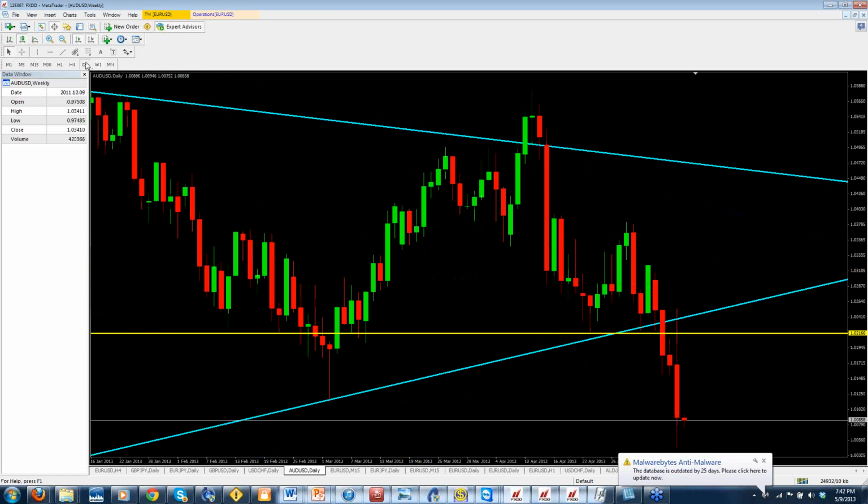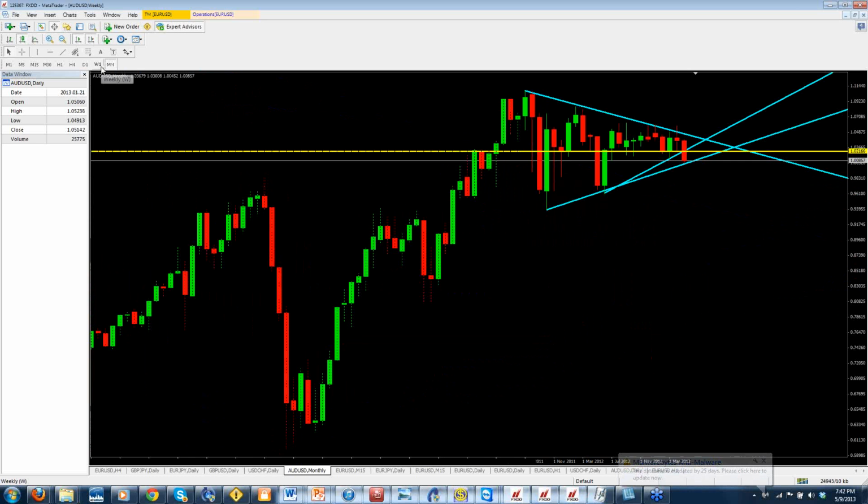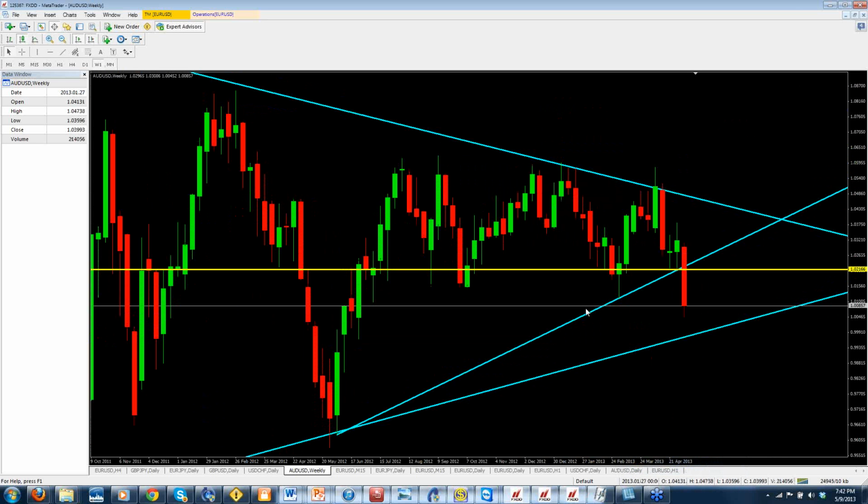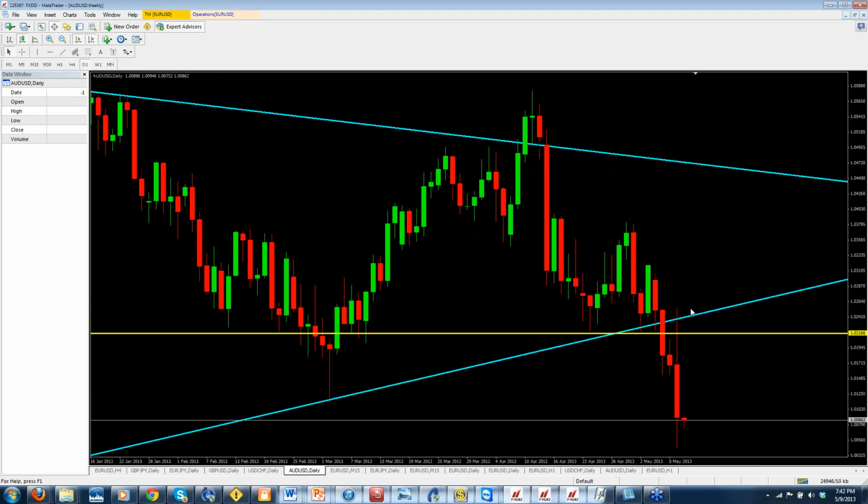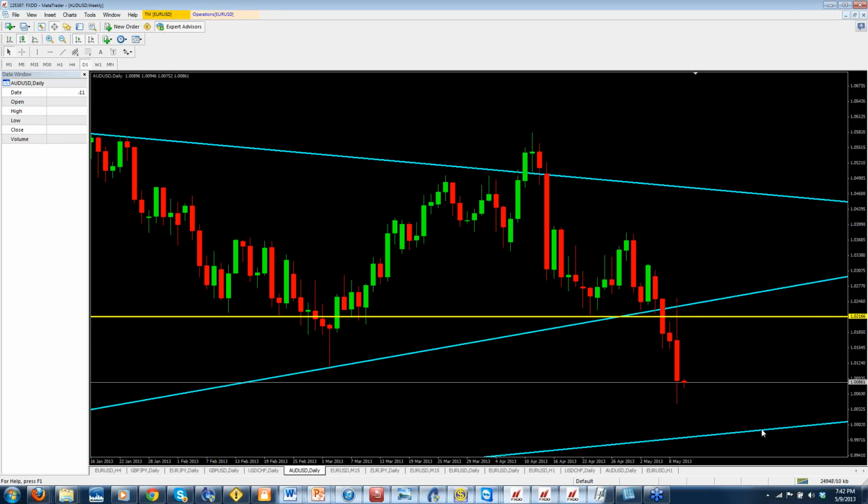Actually, we've had tremendous movement this week to the downside, but this is interesting because I drew these areas on the weekly chart. Okay, we've got 1 touch, 2 touches, 3 touches. When you go down to the daily, you can see how there's been a retest of that area, which leads us to believe that at some point this has got to be a legitimate move, and we could probably see price move down to parity, to 1.000 here on the Aussie dollar.